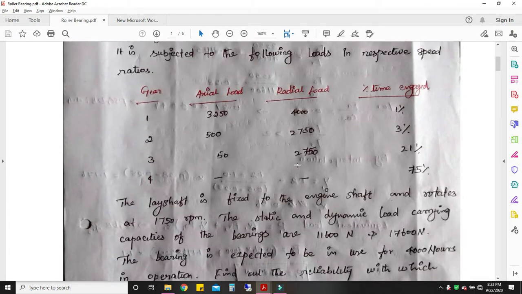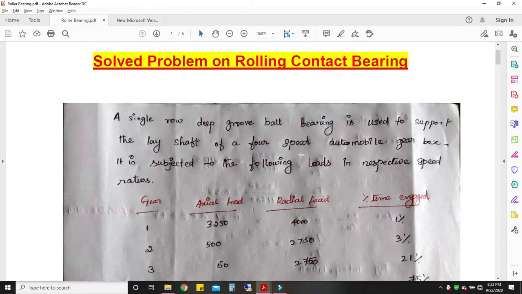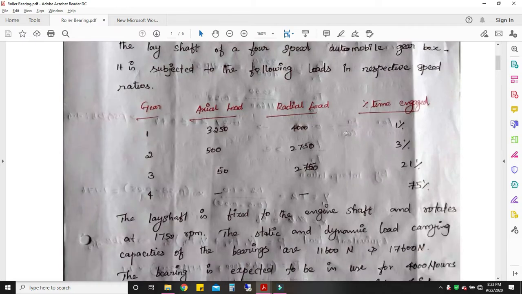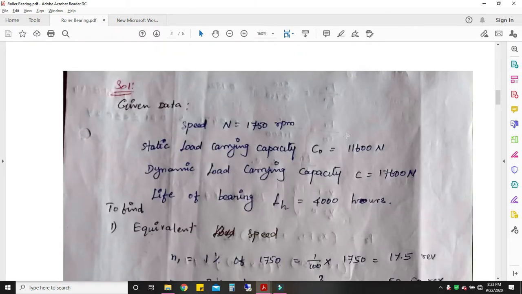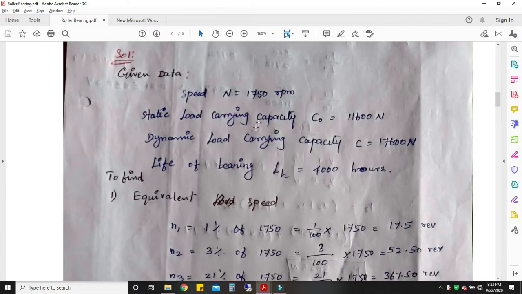With the help of the PSG design data book, we are going to solve this problem. Coming to the solution part, in the problem statement we have this input data: speed of the shaft, static load carrying capacity C0, dynamic load carrying capacity C, and life of bearing LH equal to 4,000 hours.